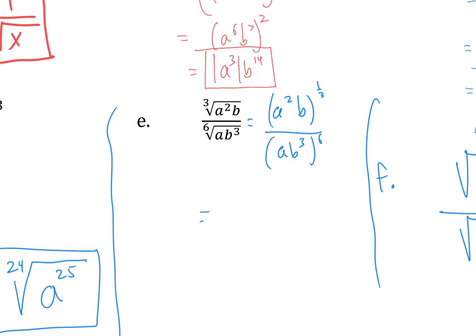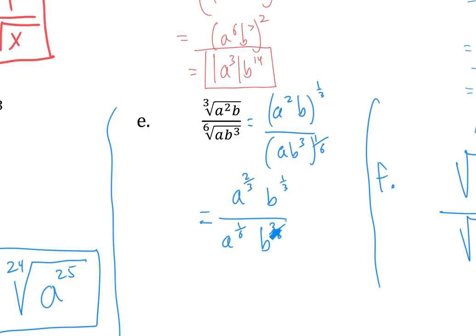And so this is a to the 2/3, b to the 1/3, all over a to the 1/6, b to the 3/6. Oops, sorry about that. That should be a 1/6 power. Probably wondering what happened there.